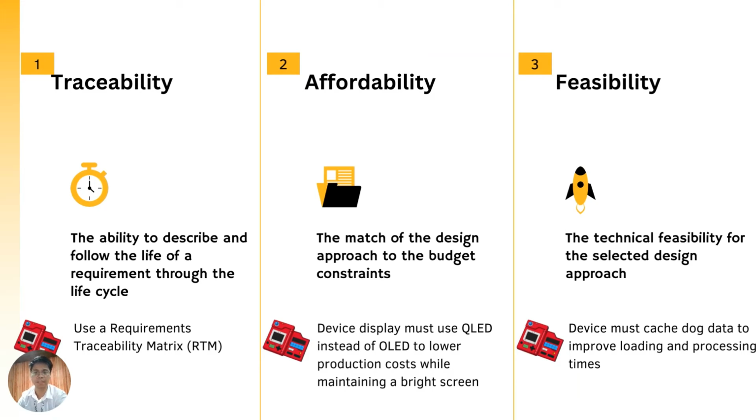For feasibility, since there is a requirement that there should be a less than 3-second interval between recognizing a dog breed, the device might have a requirement that specifies that it must cache dog data to improve the loading and processing times.